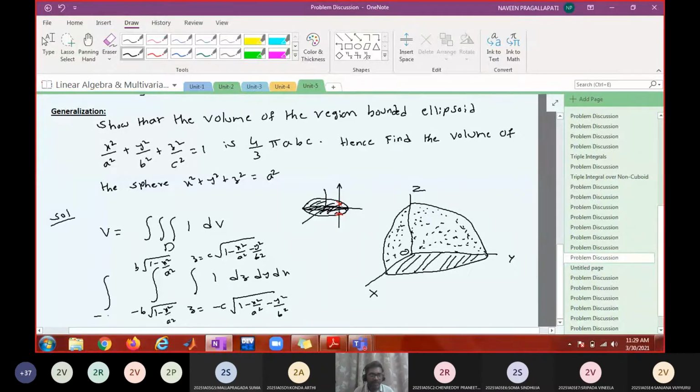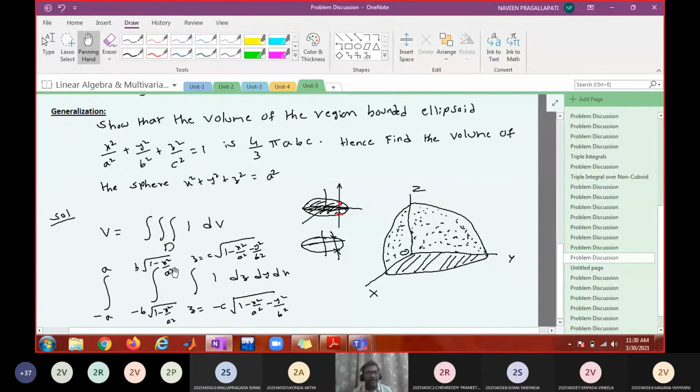And x is from minus a to a, because the projection is going to be the complete ellipse. When you draw a line parallel to the y-axis, it enters through the ellipse and leaves through the ellipse. That's why you have minus b to plus b, and minus a to plus a. These are the complete limits if you want to integrate over the entire ellipsoidal region.